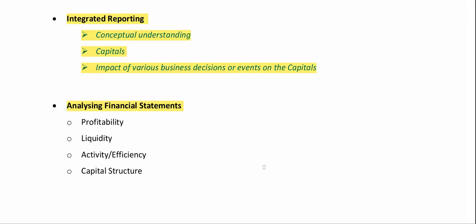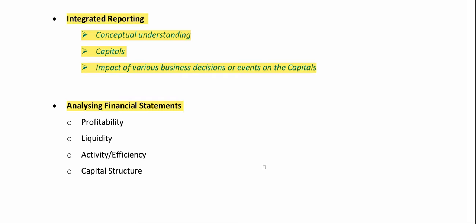So rather than a standalone question where you could be required to analyze given ratios, you could also be tested on how certain ratios such as gearing or return on capital employed would be impacted due to an acquisition or due to an expansion or any other business development.